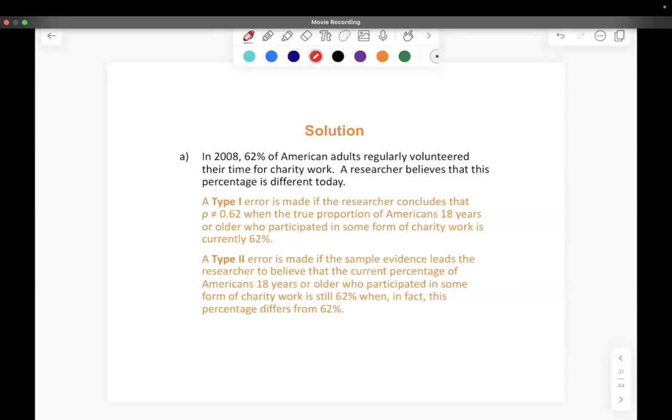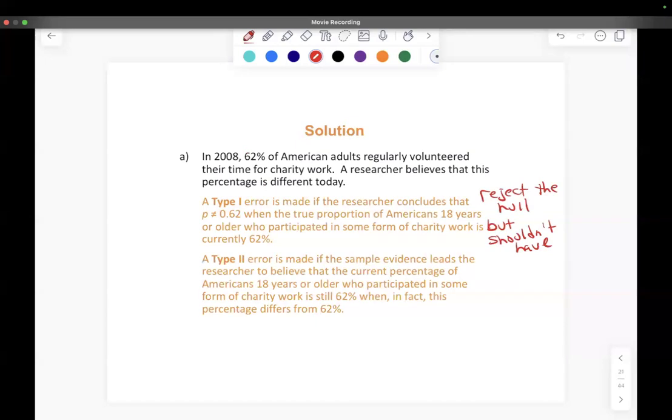I reject the null, but shouldn't have. I'm concluding that it is different than 62%, but it really isn't different than 62%.